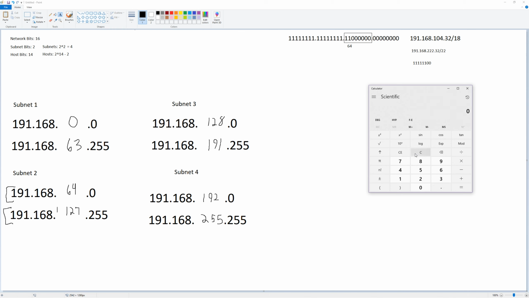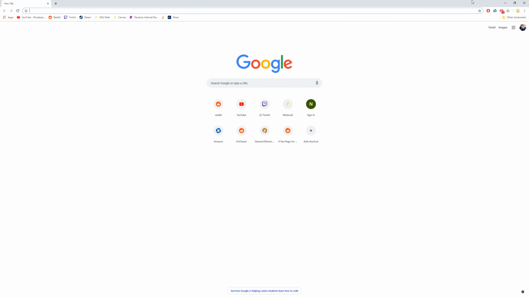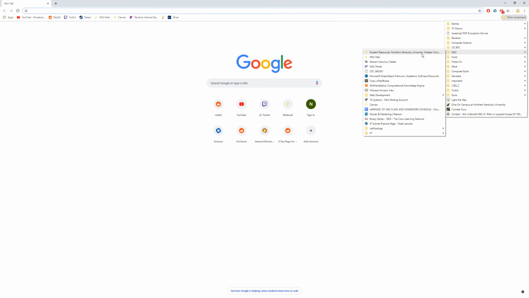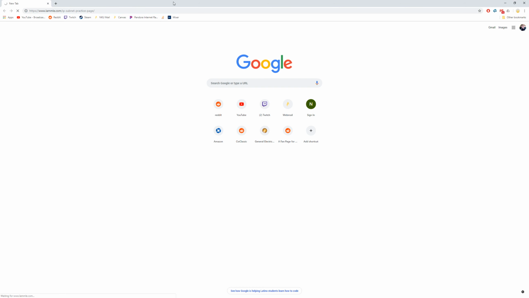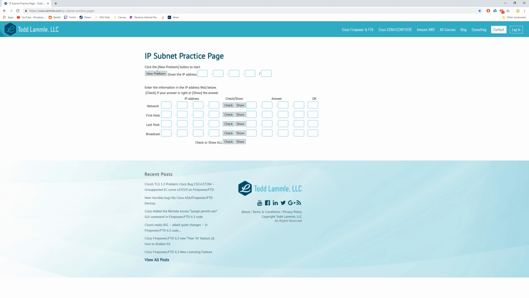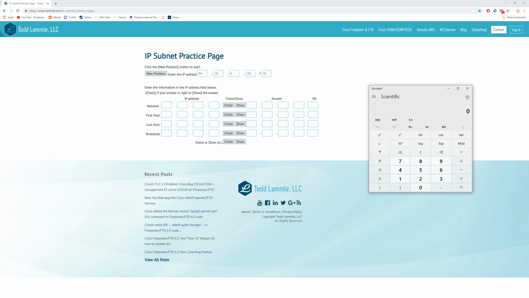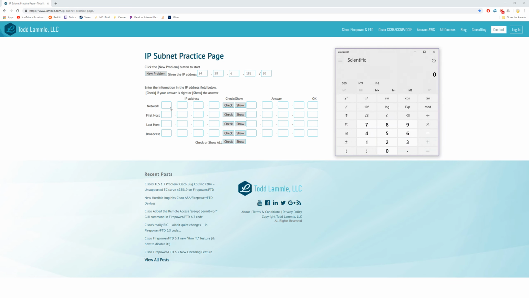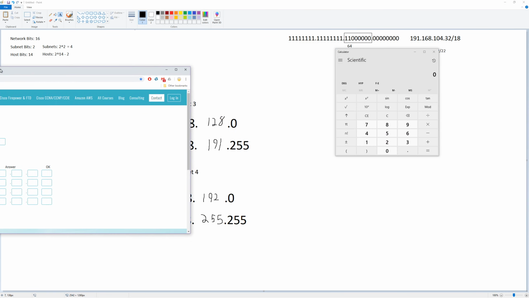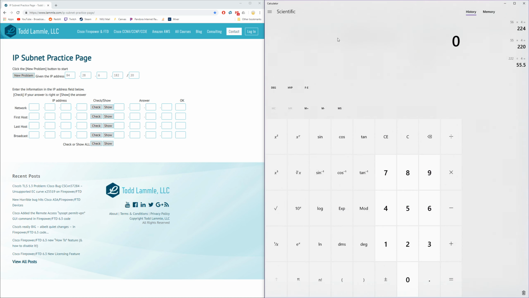I find it to be a much quicker way to get these numbers. I've been using this calculator or this website to help me with these. So for this, let me just pull this over here. And I will have to figure out how to do division without a calculator, I suppose.